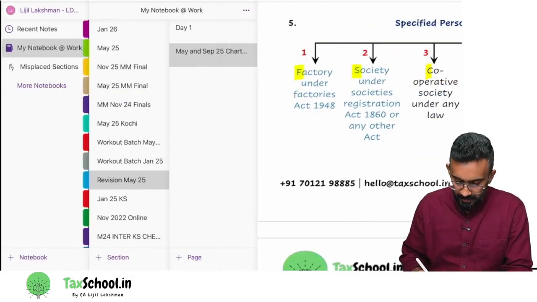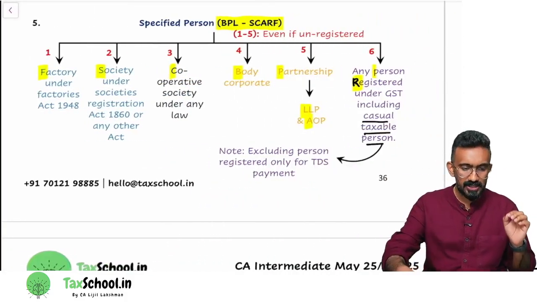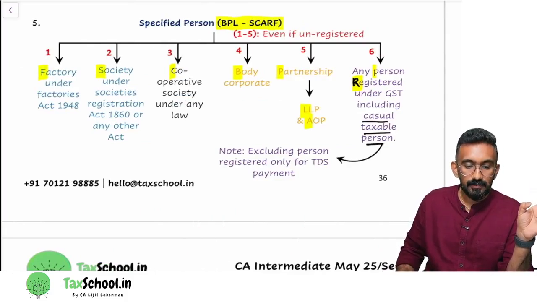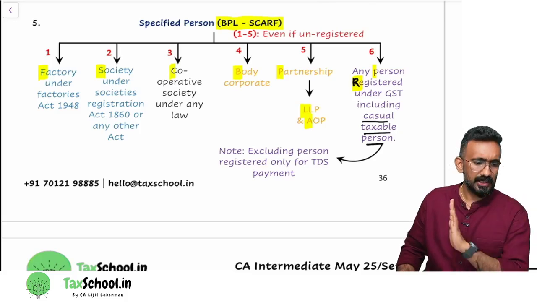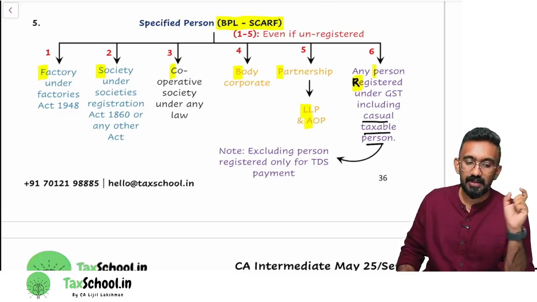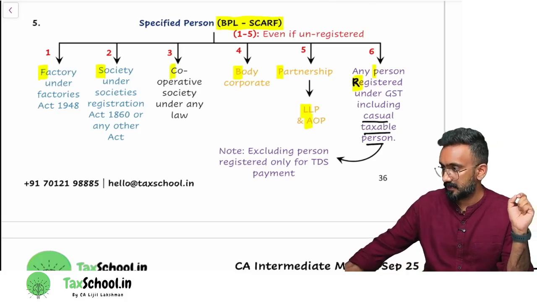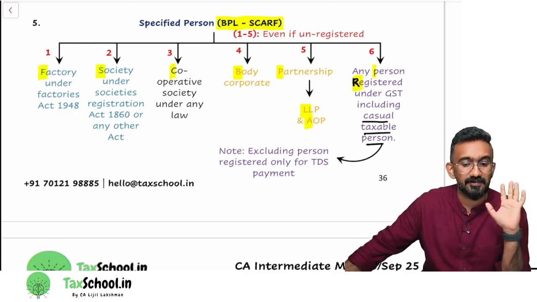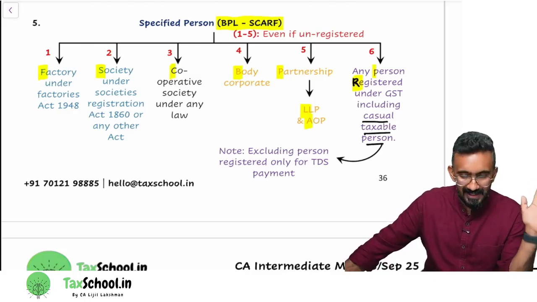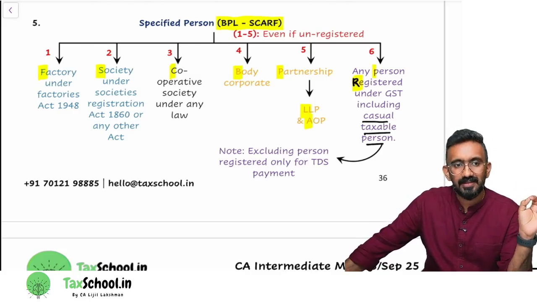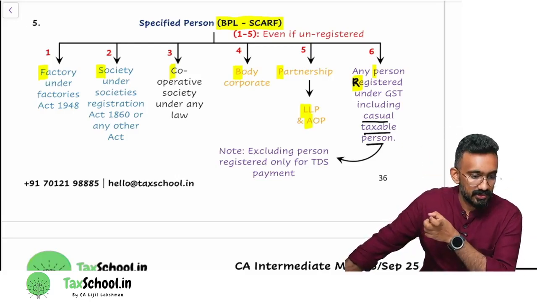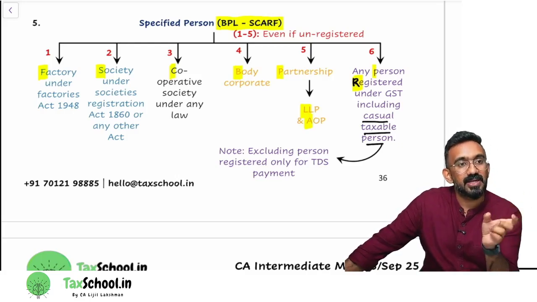Can we recap this once? I'll give you 60 seconds so you can look at this BPL SCARF and learn it, and then we will recap once again. You have to learn this. They've asked multiple questions. I'll tell you a simple one. Once they asked a 5-mark question that goes like this: when GTA services are provided to an unregistered person, it will not be taxable under RCM.